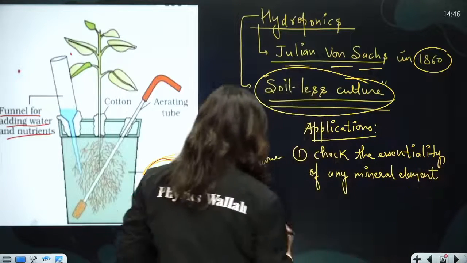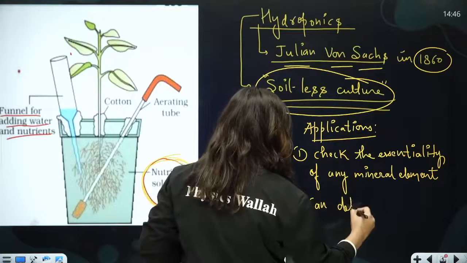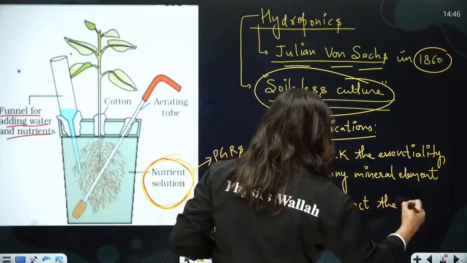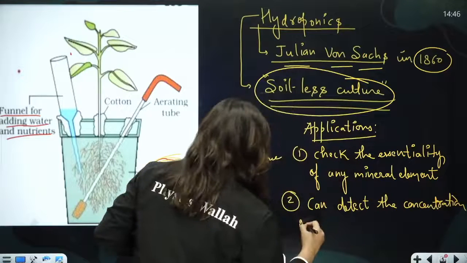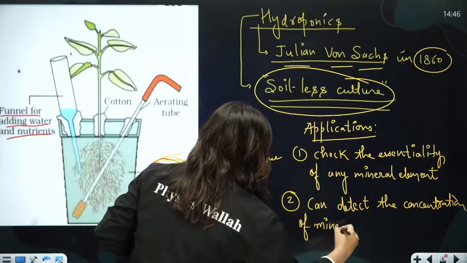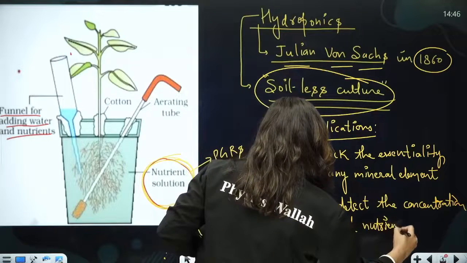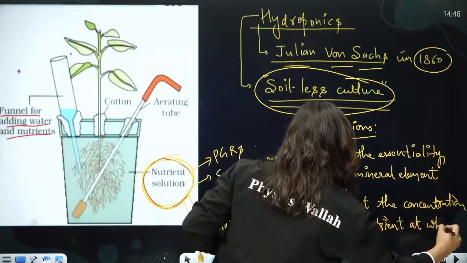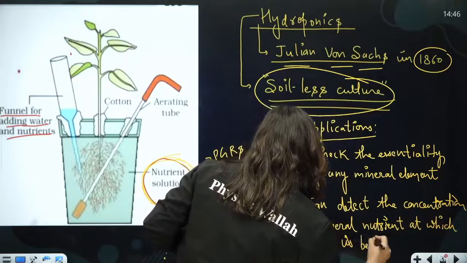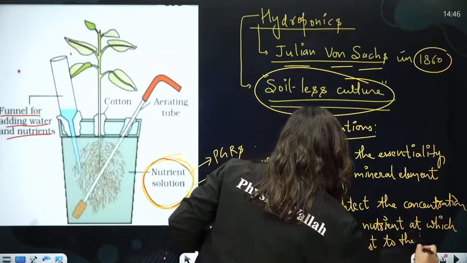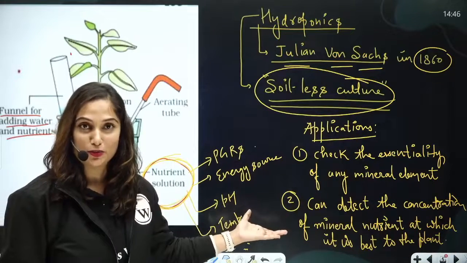And secondly, beta, we can detect the concentration of any mineral nutrient at which it is best for the plant. Right? So these are the applications of the hydroponics technique.